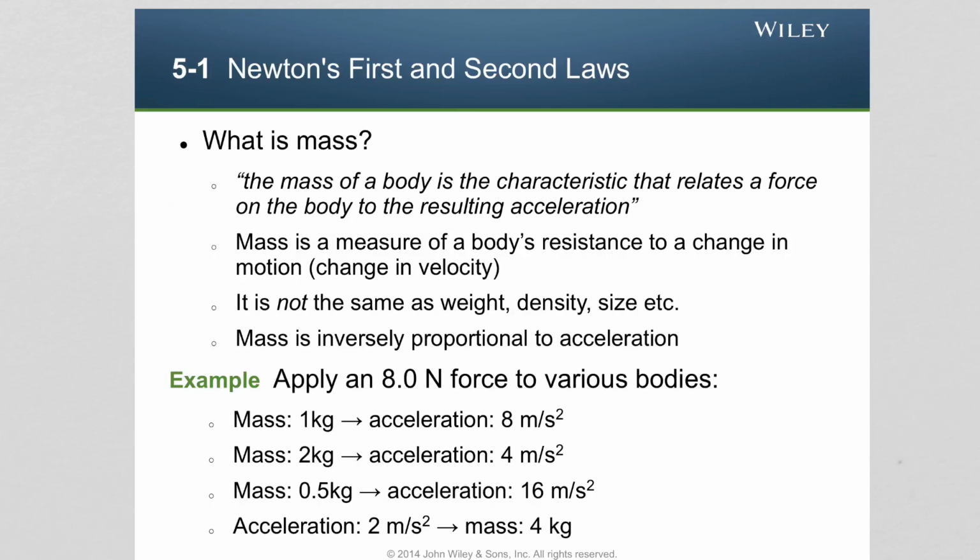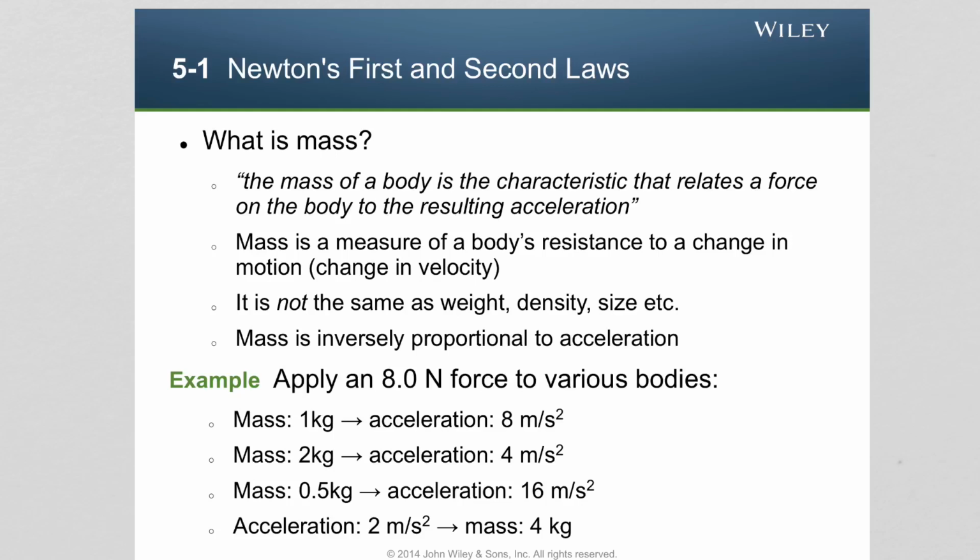So, what is mass? The mass of a body is the characteristic that relates a force on the body to the resulting acceleration. So this statement gives us the relationship between mass, force, and acceleration. Or even more accurately, it states that there is a relationship between mass, force, and acceleration.